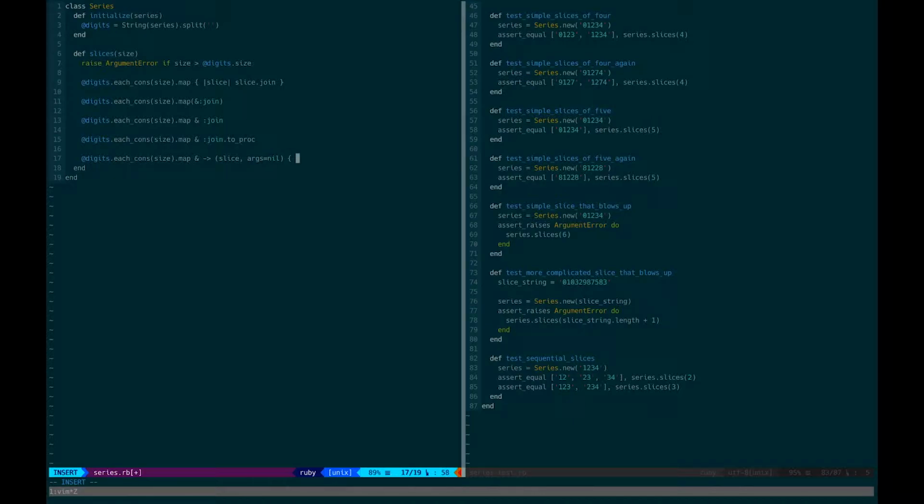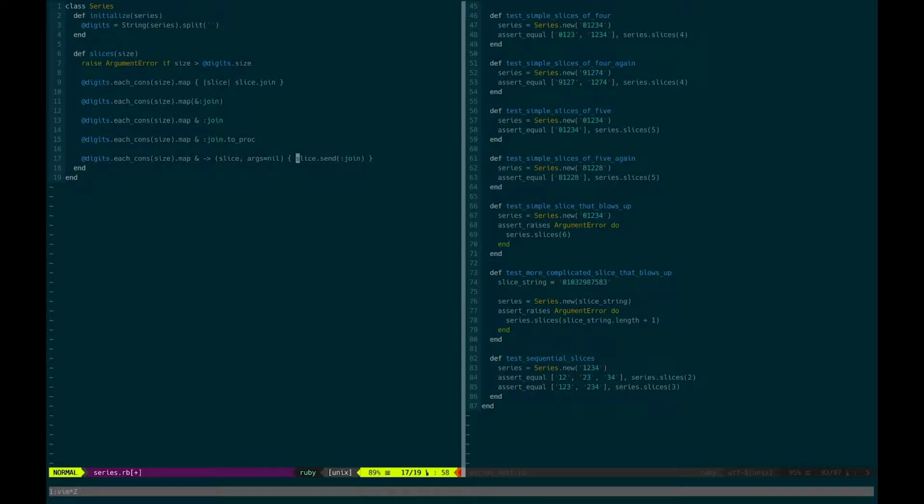Inside, what it's going to do is take that element and send it the message from the symbol. Given what we know about pure object-oriented languages, technically we don't call methods or functions on objects. We send messages to objects that they know how to do something with, or they don't.